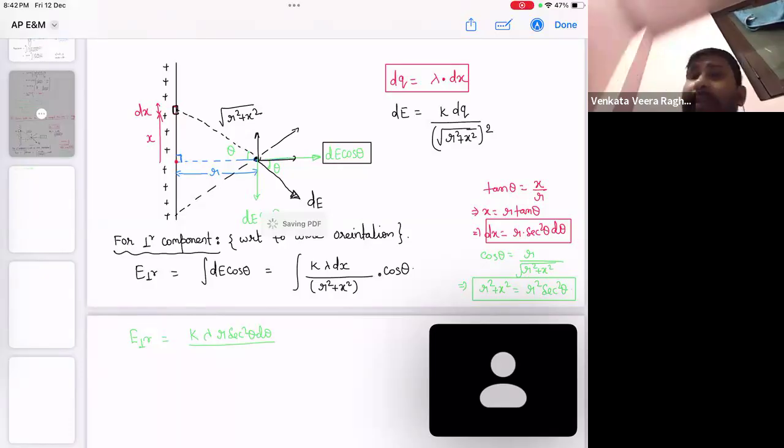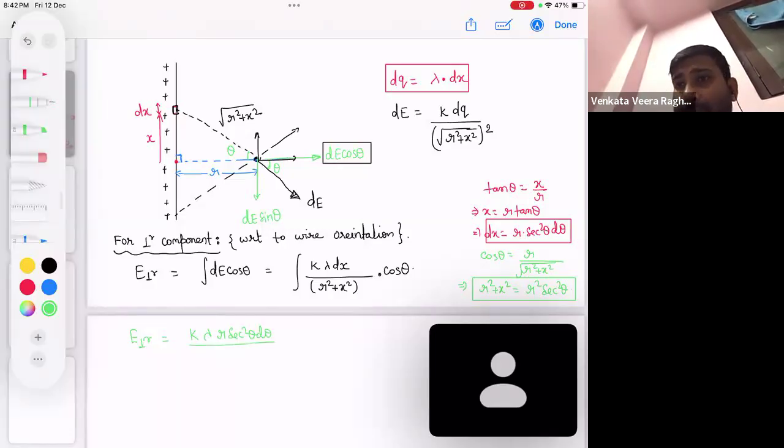See that, most of the things are getting cancelled out. Sec square theta got cancelled, r got cancelled. k is constant, lambda constant, r constant. It's just the integration of cos theta d theta, and that is a very simple integration. Cos theta d theta gives us sine theta.